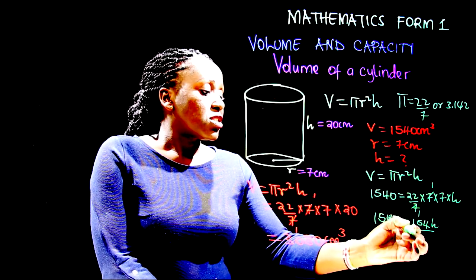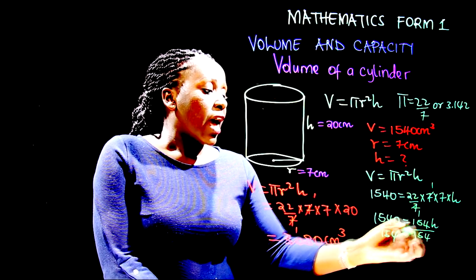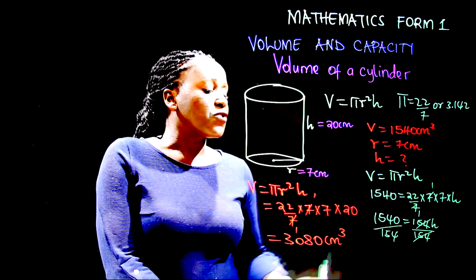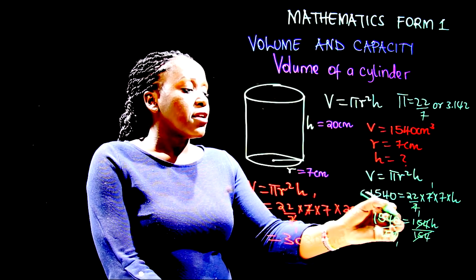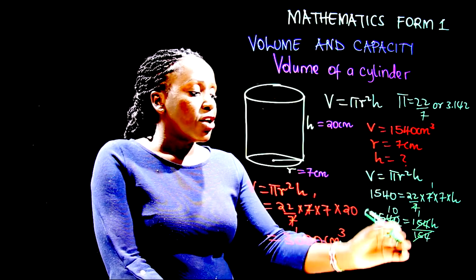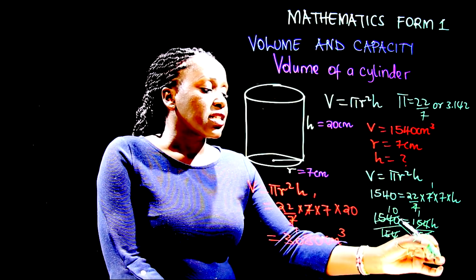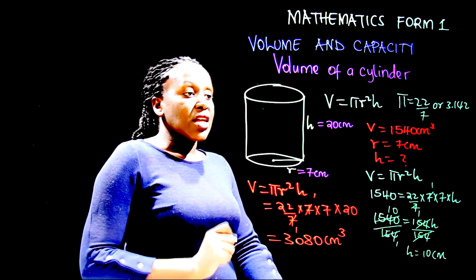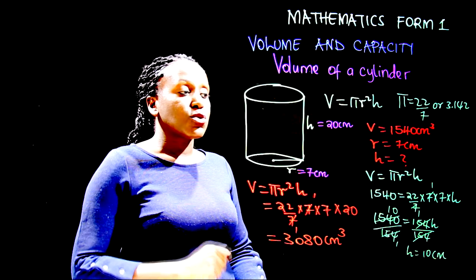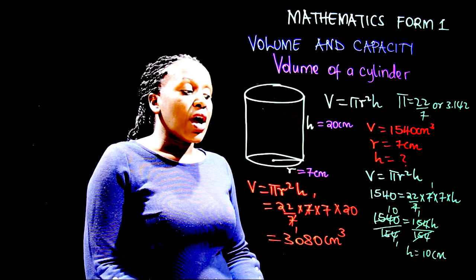So we divide both sides by 154, and this 154 cancels out, and then 1540 divided by 154 is 10. So the height of this cylinder will be equal to 10 centimeters. So it doesn't matter the quantity that is missing. All you have to do is to substitute the values given in the formula and then work out what is missing.